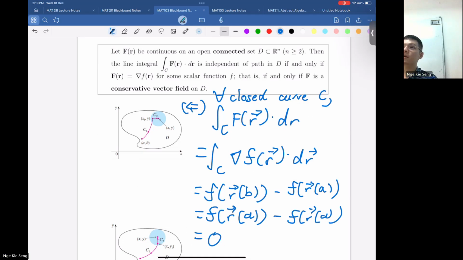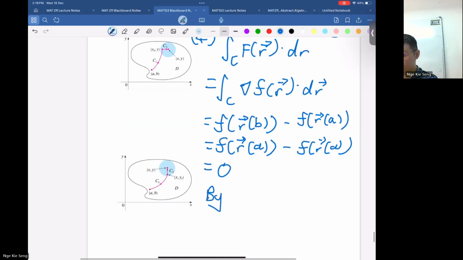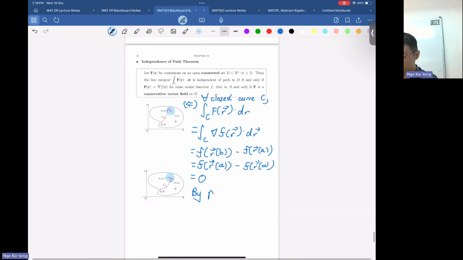And then by the previous theorem, since we already checked all closed paths, this line integral on a random path is also independent of path.